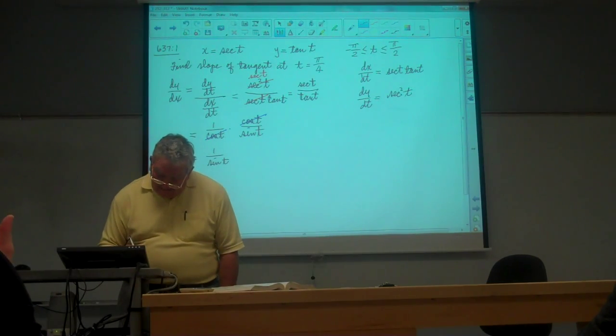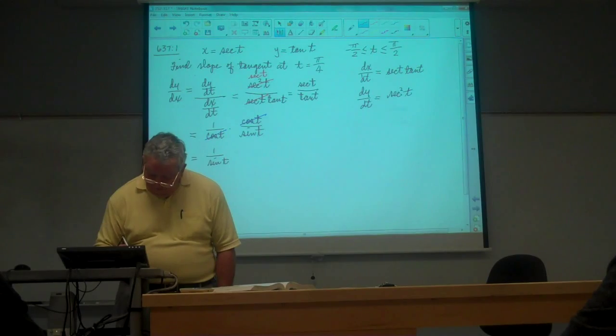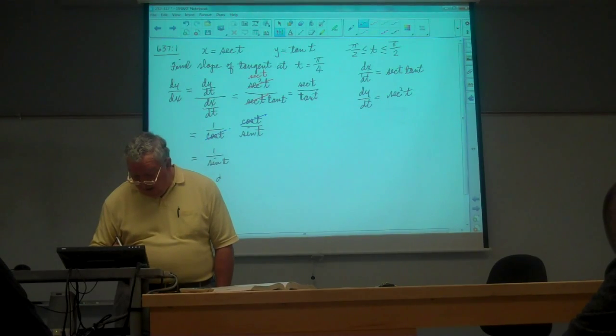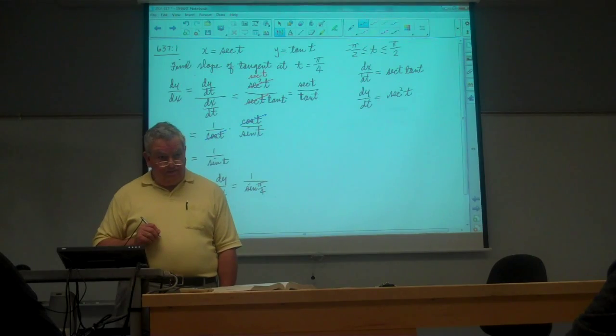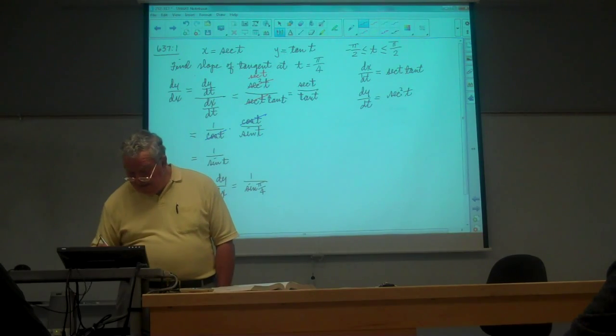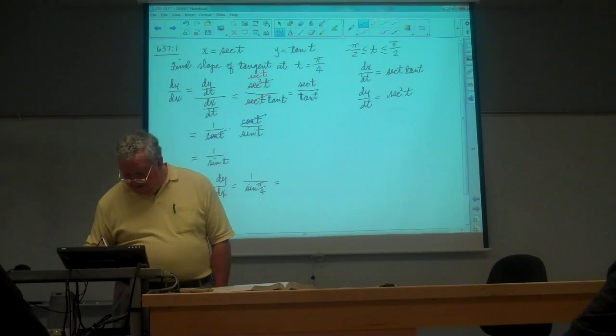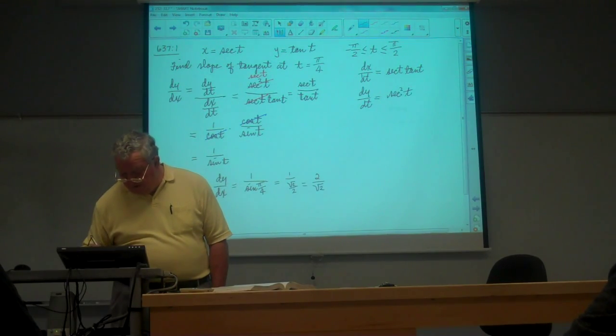So, at t equal pi over 4, dy/dx is equal to 1 over the sine of pi over 4. Is that right? But that is equal to 1 over the square root of 2 over 2, which is equal to 2 over the square root of 2.